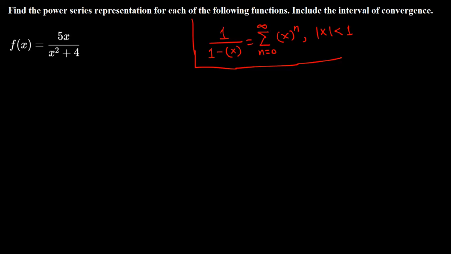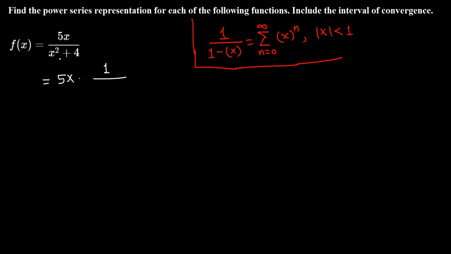So we want to write this fraction similar to 1 over 1 minus x so that we can write the power series. We need 1 on the top, so we can pull 5x outside, times 1 over 1 minus x.